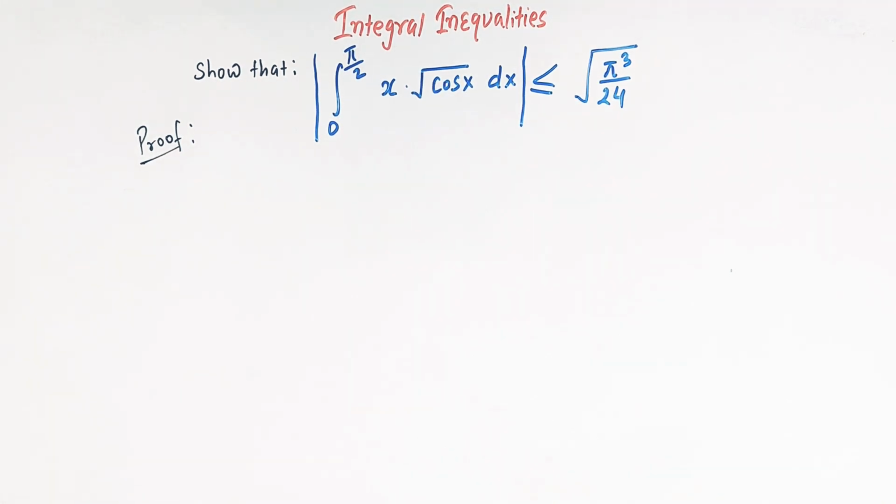To prove this inequality, we'll make use of an important result from definite integrals, known as the Cauchy-Schwarz inequality. Let us first see the statement.